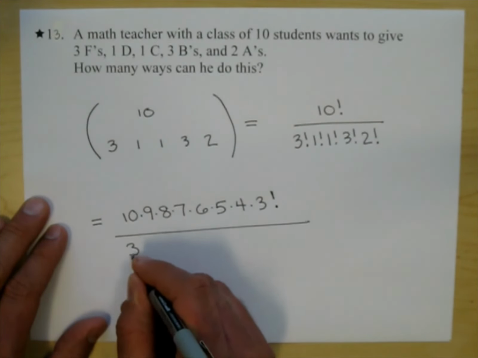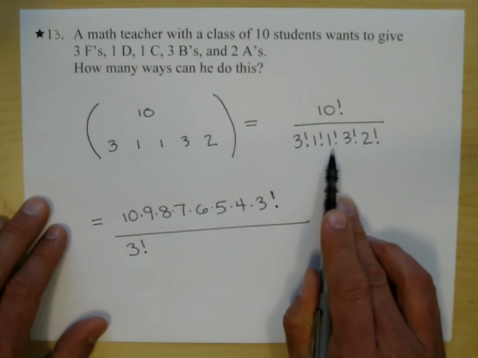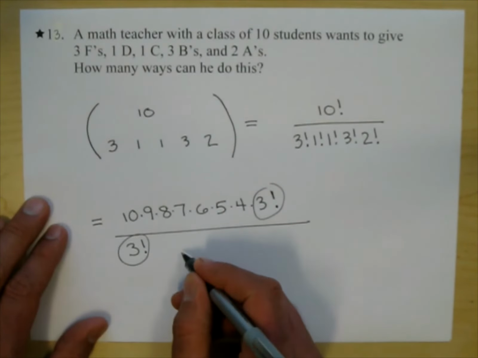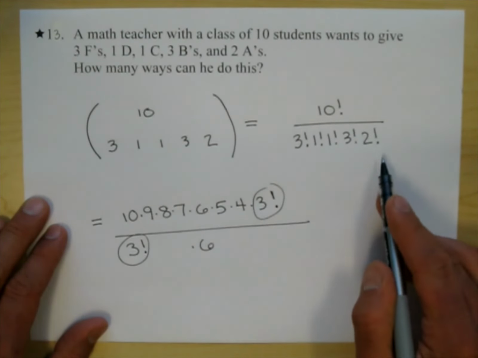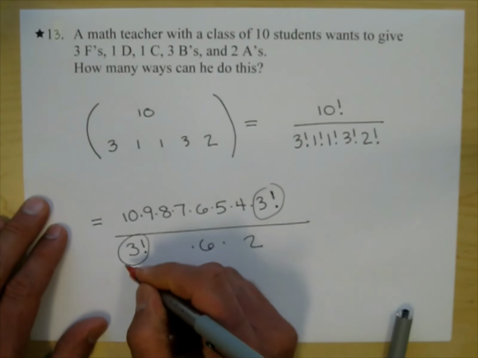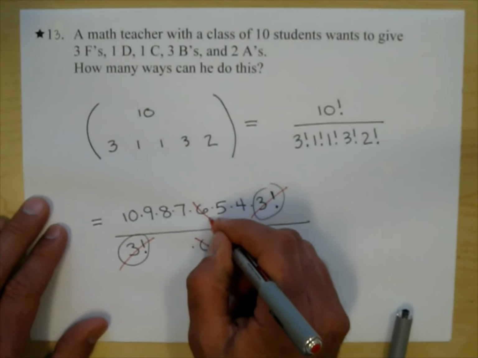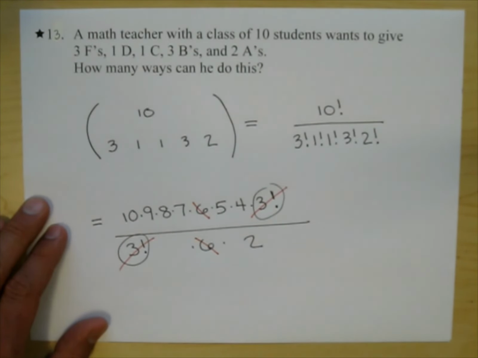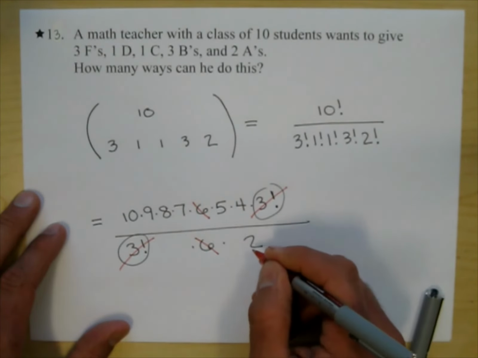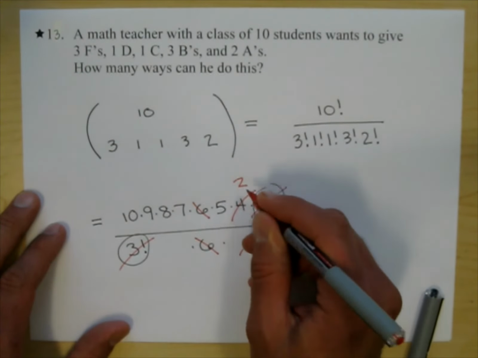And then I have a 3 factorial. These 1 factorials I'm going to leave off. So those guys are going to cancel. And then this 3 factorial is 6, which will cancel with the 6. And then we have a 2 there. So that's out of there. The 6 is out of there. And then the 2 and the 4 cancel, so we have a 2 there and a 1 there.